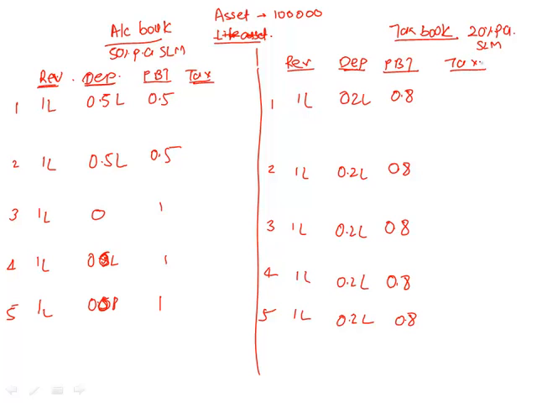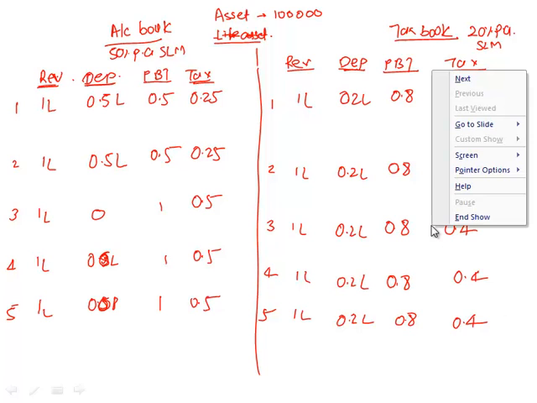Let us assume a tax rate of 50%. So first year, here the amount of tax would be 0.25, 0.25, 0.5, 0.5, 0.5. How much would be amount of tax here? 0.4, 0.4, 0.4 and 0.4. Up to this we are fine.